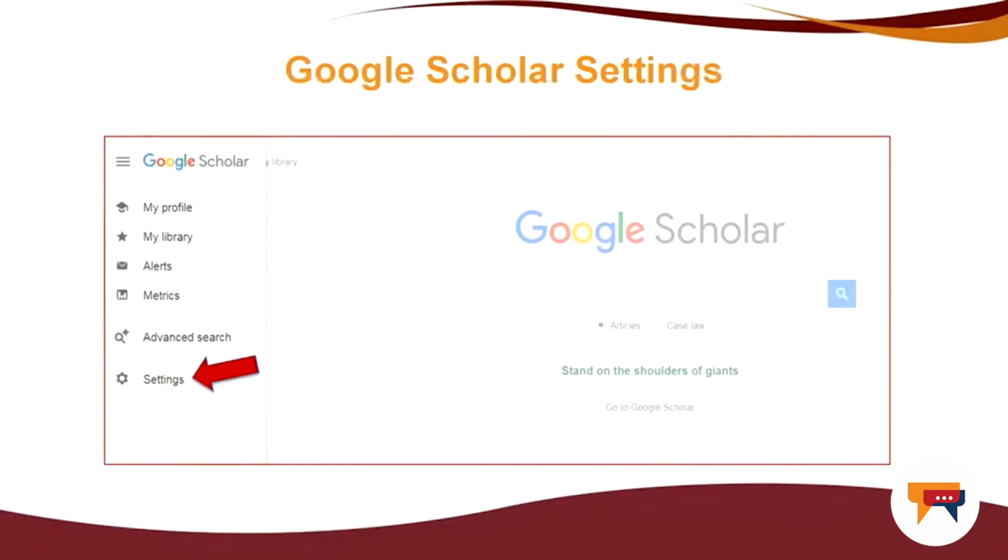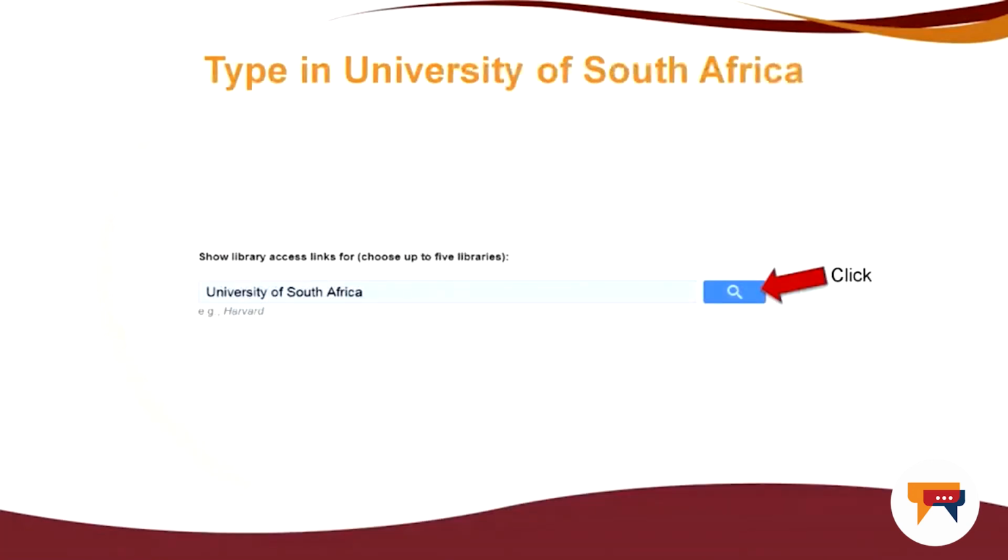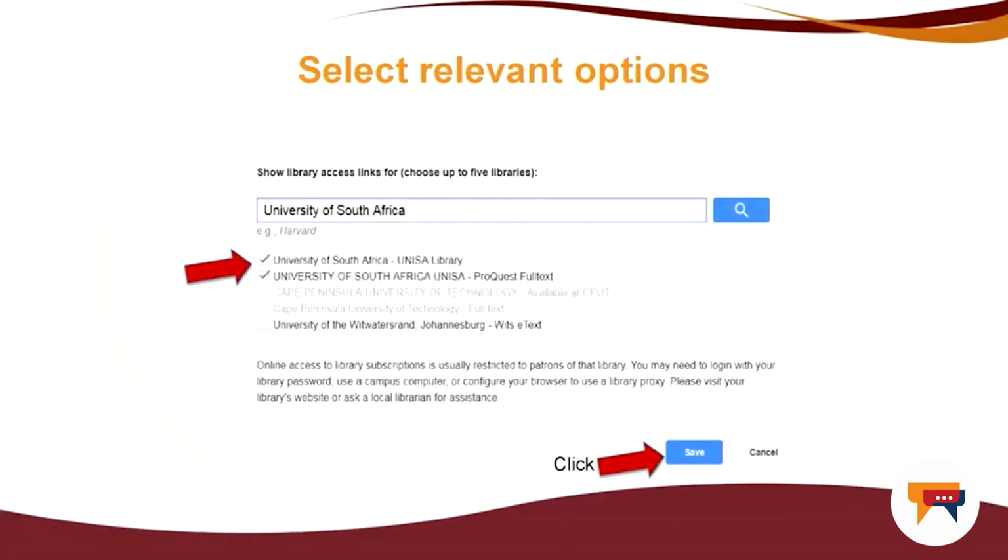You just go to Google Scholar, you click on settings like we indicated there, and then you click on library links. Once you get to this screen, you type in University of South Africa, click there, and then you just select the Unisa Library.